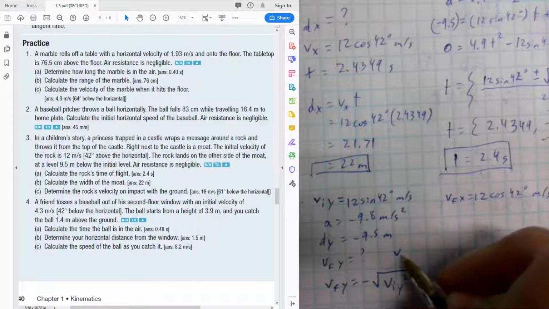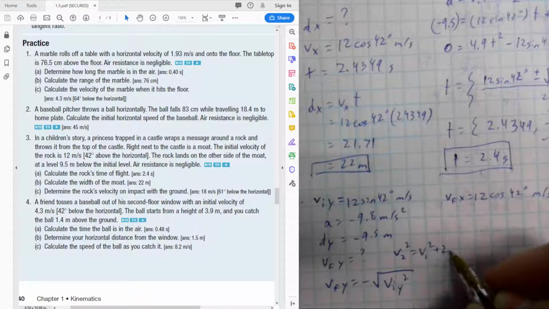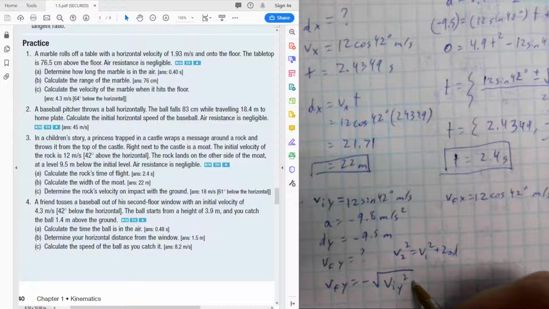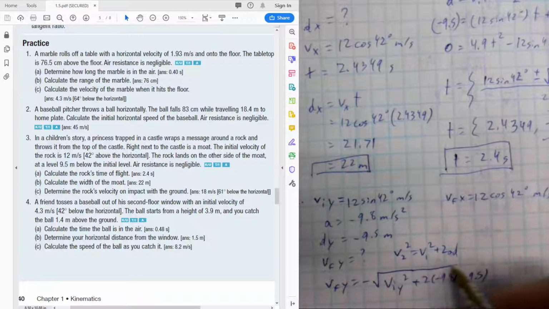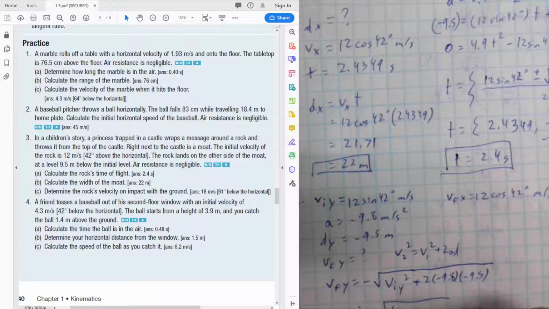Let me just rewrite the equation. V2 squared equals V1 squared plus 2AD. So using that equation, VIY squared plus 2 times negative 9.8 times negative 9.5. This becomes negative square root of 12 sine 42 degrees squared plus 2 times 9.8 times negative 9.5.